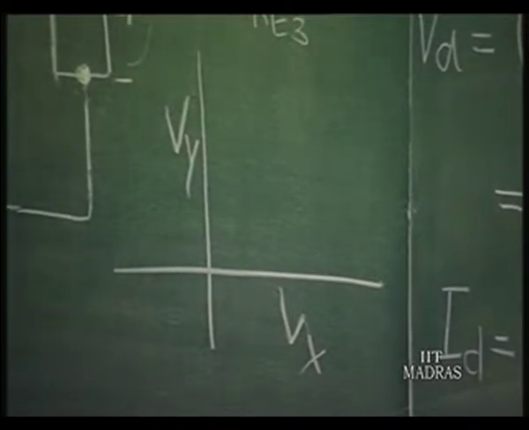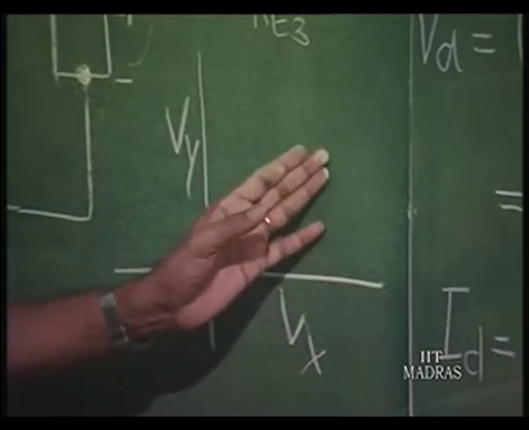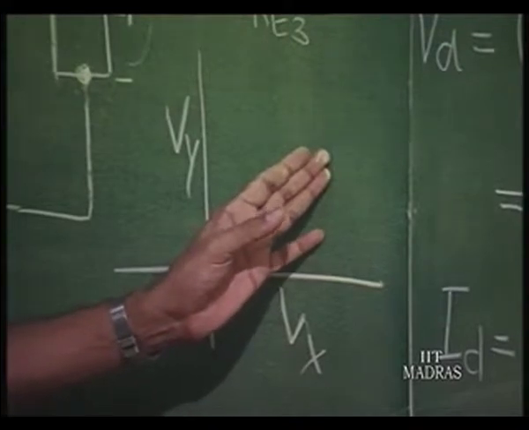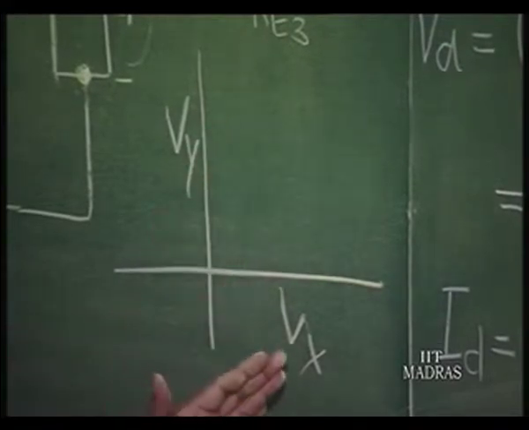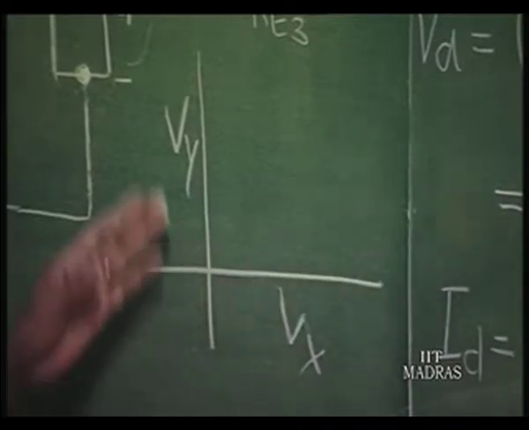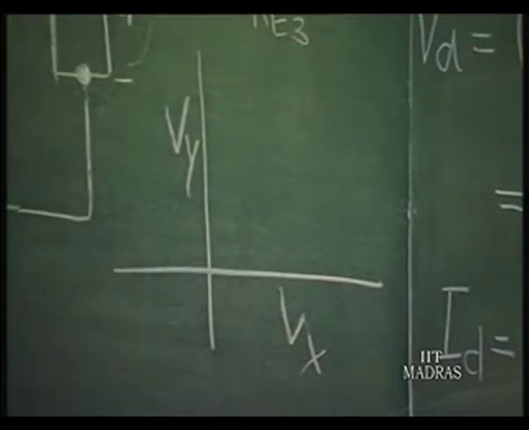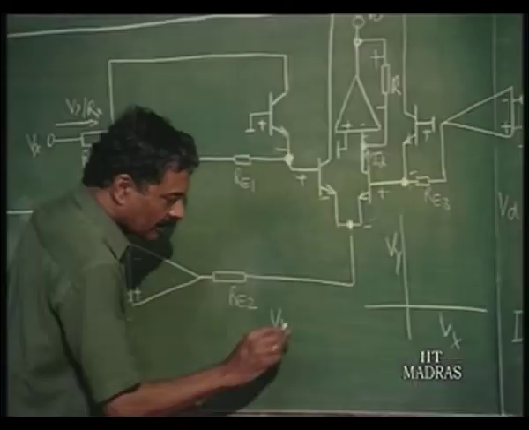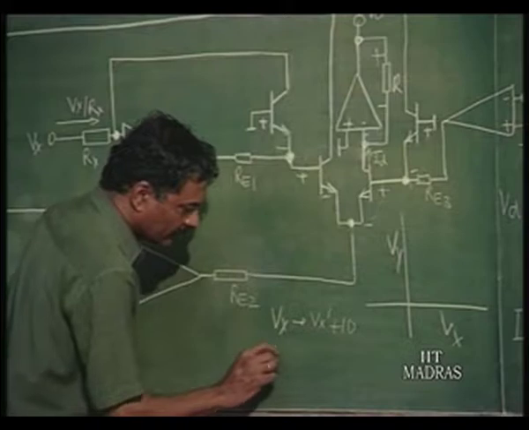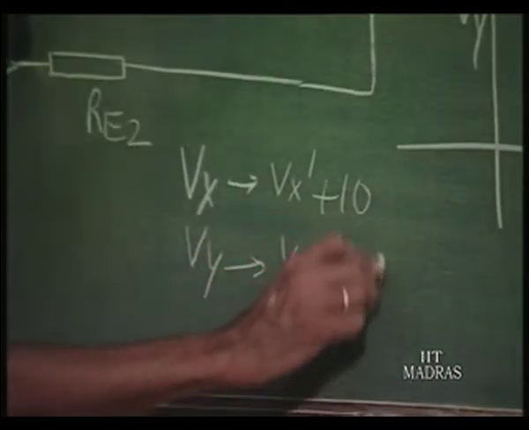But that is not a very serious limitation, because by properly selecting the operating point of this, I can make it work for signal which is going both positive and negative. That means, I can put V x as equal to V x dash plus 10 volts, V y as V y dash plus 10 volts.